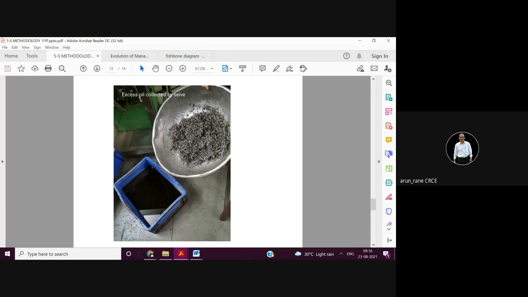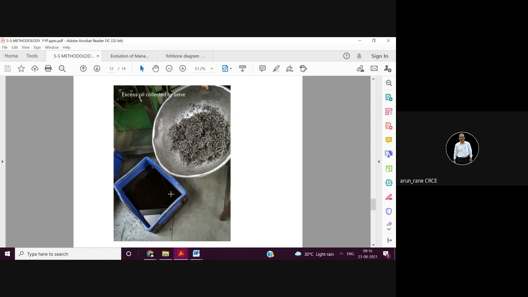What you can see here is how the excess oil can be collected by the sieve. See, these are the wet chips, and this is the oil which is collected by the sieve. Now, this oil can be reused.